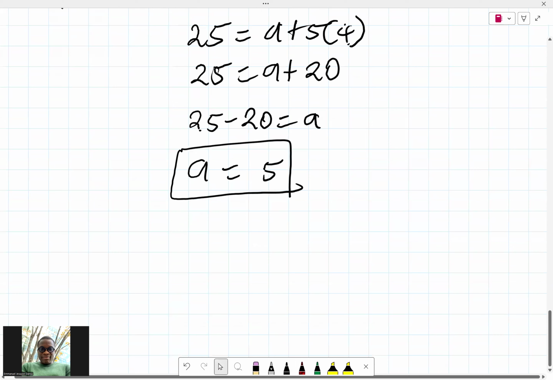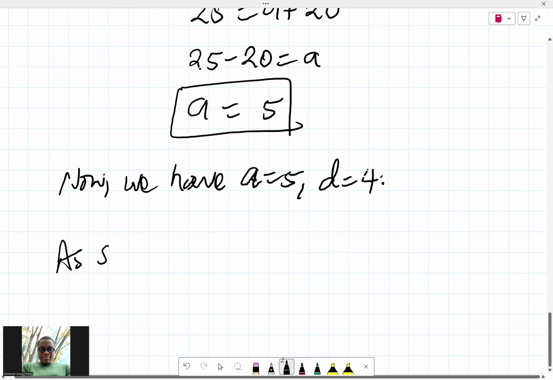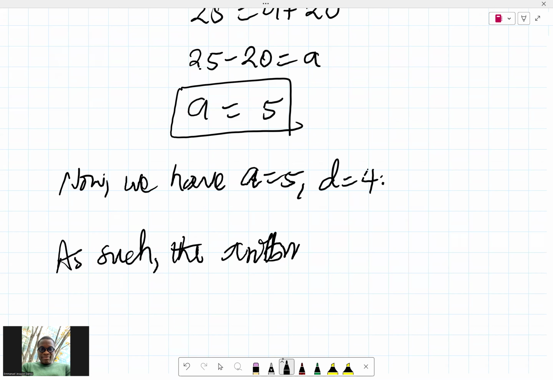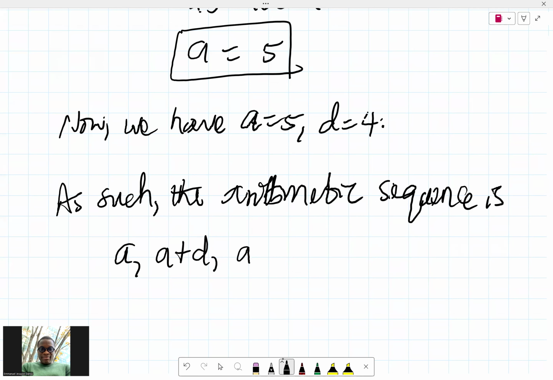So now we have A to be 5 and D is equal to 4. As such, the arithmetic sequence is, of course, the first term, then the next term is A plus D, and so on and so forth.